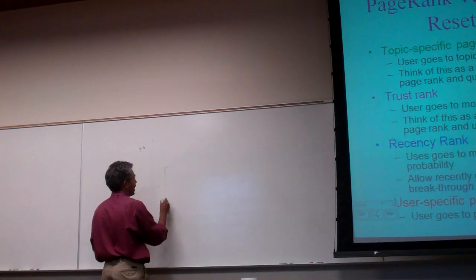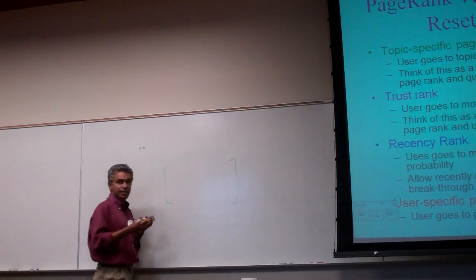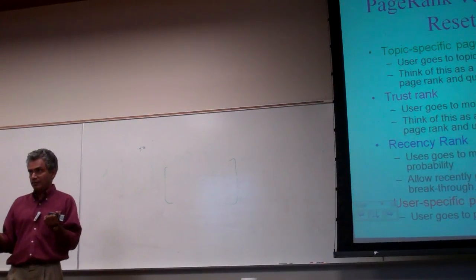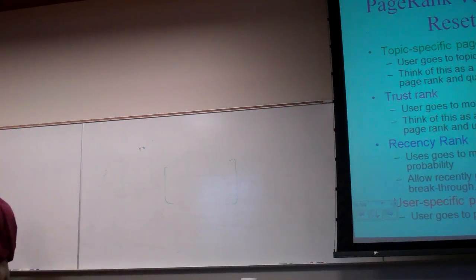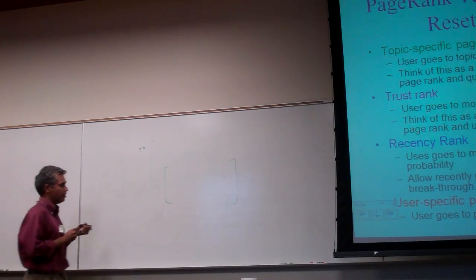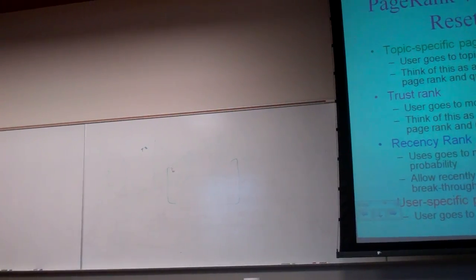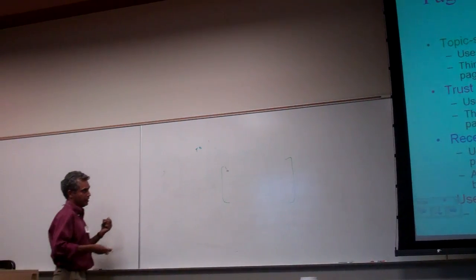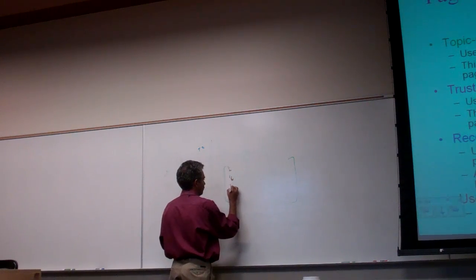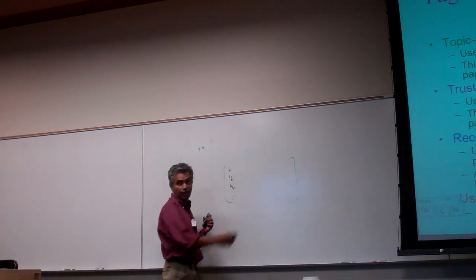You don't necessarily have to spread the probability mass uniformly. What we wound up doing originally was spreading the probability mass uniformly: 1 over n, 1 over n, 1 over n, everywhere.